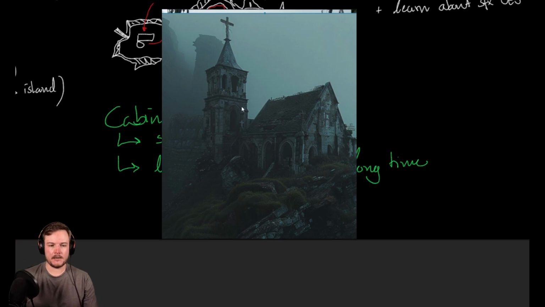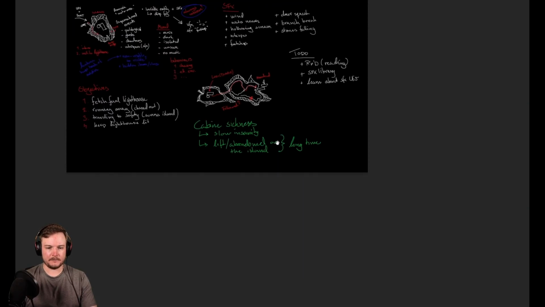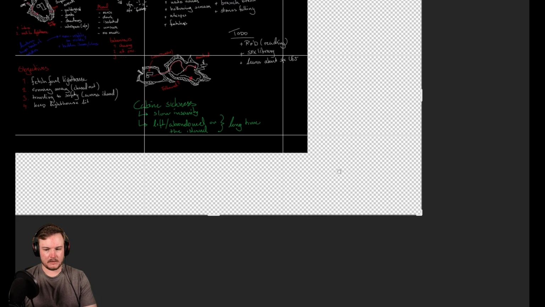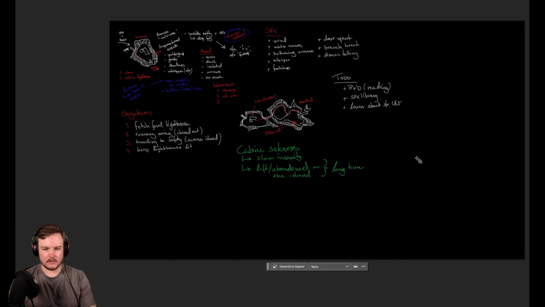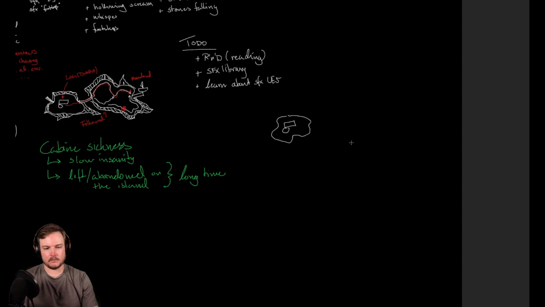But if we had a progression of you being on this island for a long time, let's make a bit more space. We could actually just reuse this, I guess, but let's go with an island with, again, lighthouse and cabin.